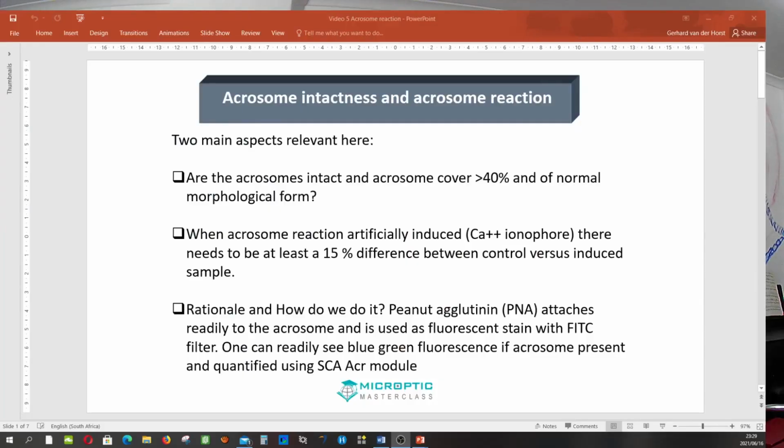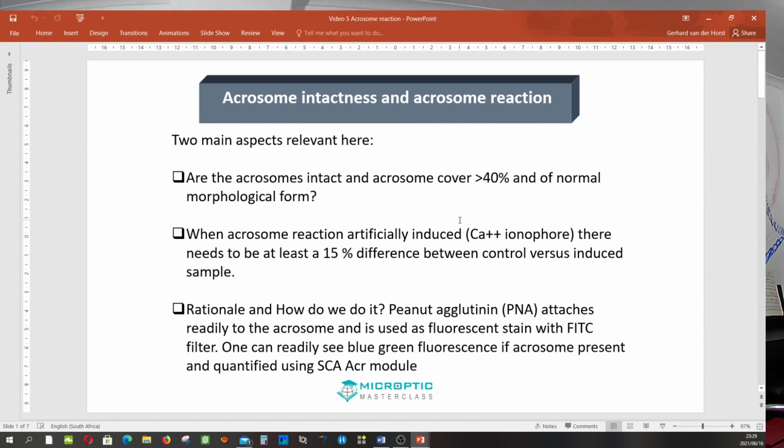The last sperm functional test that we will deal with tonight is the acrosome intactness and acrosome reaction aspects. And two aspects are really relevant.